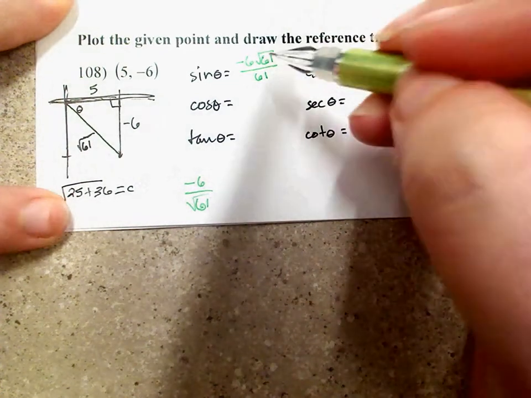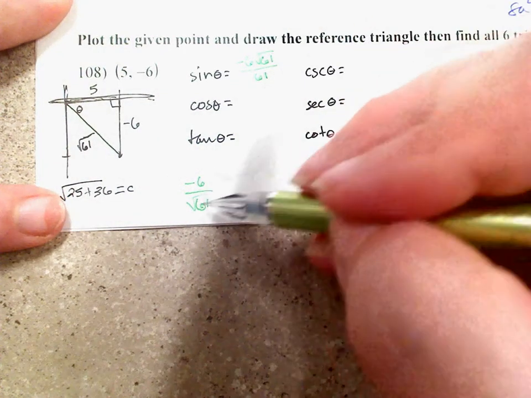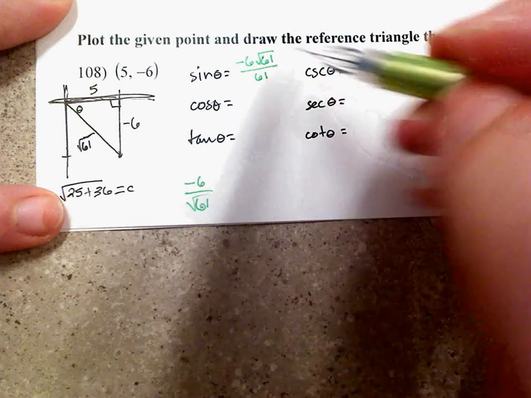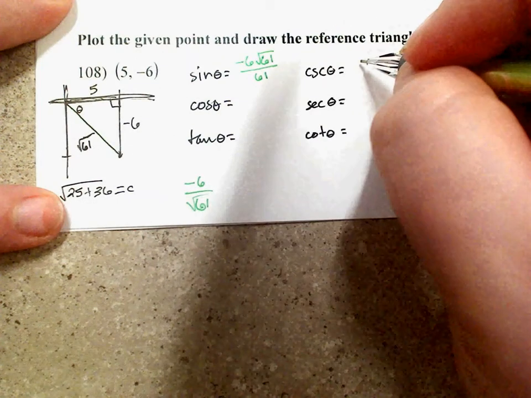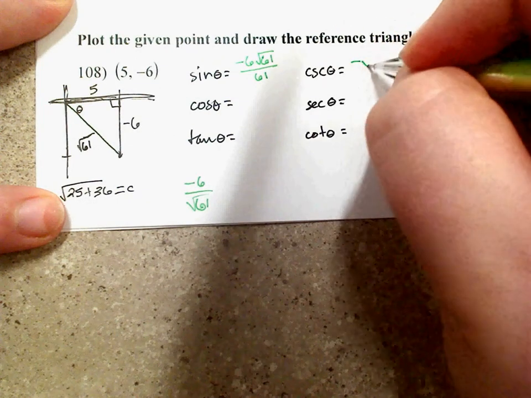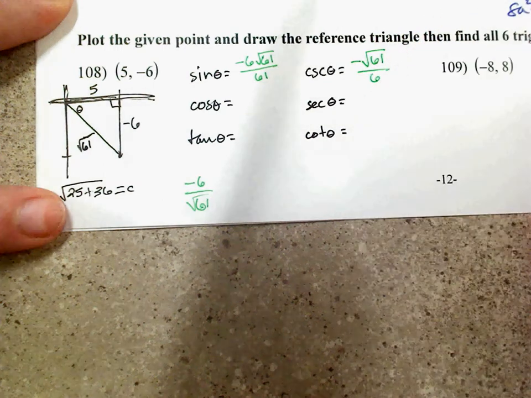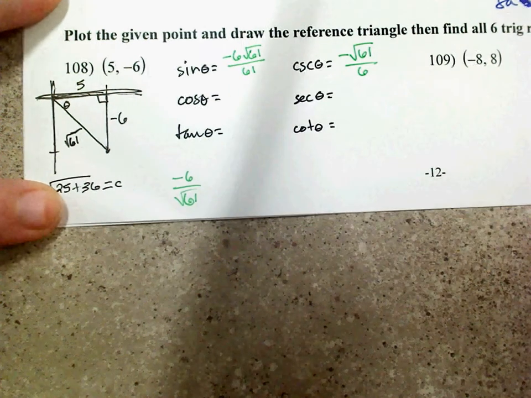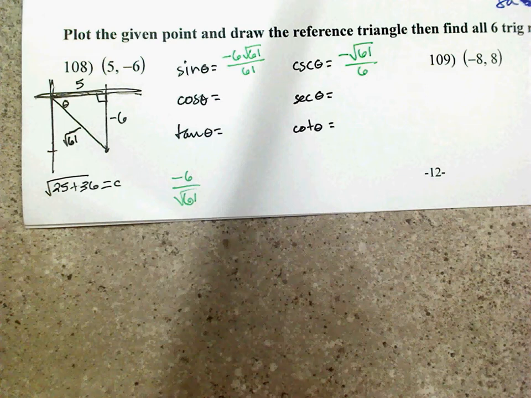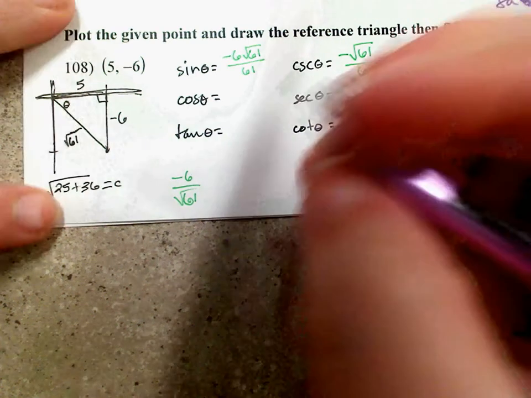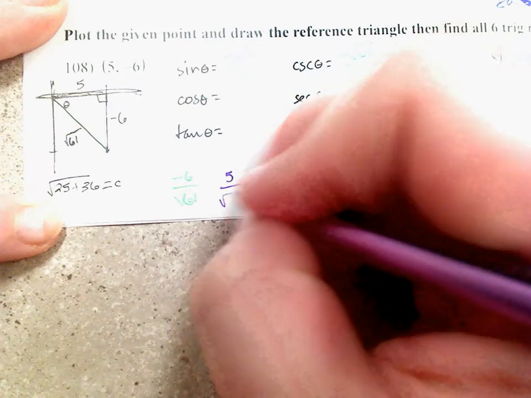Now, I got this from flipping this, which means cosecant is just hypotenuse over opposite. So square root of 61 over negative 6 is the negative square root of 61 over 6. Cosine is adjacent over hypotenuse, so that is 5 over the square root of 61.